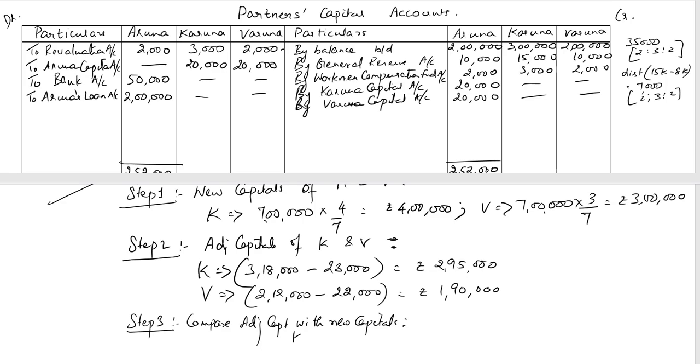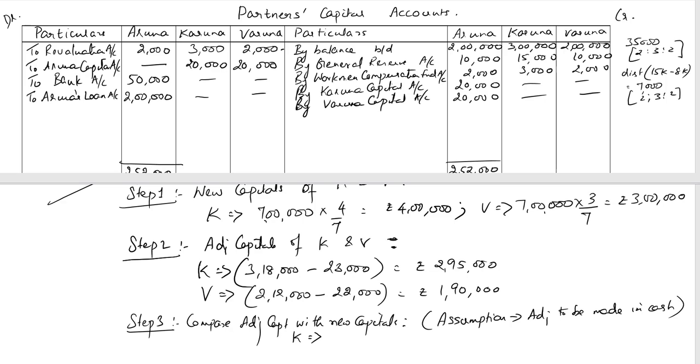In the case of Karuna, there is nothing mentioned in the problem as to whether the adjustments are to be made through cash or current accounts. We'll assume that the adjustments have to be made in cash.